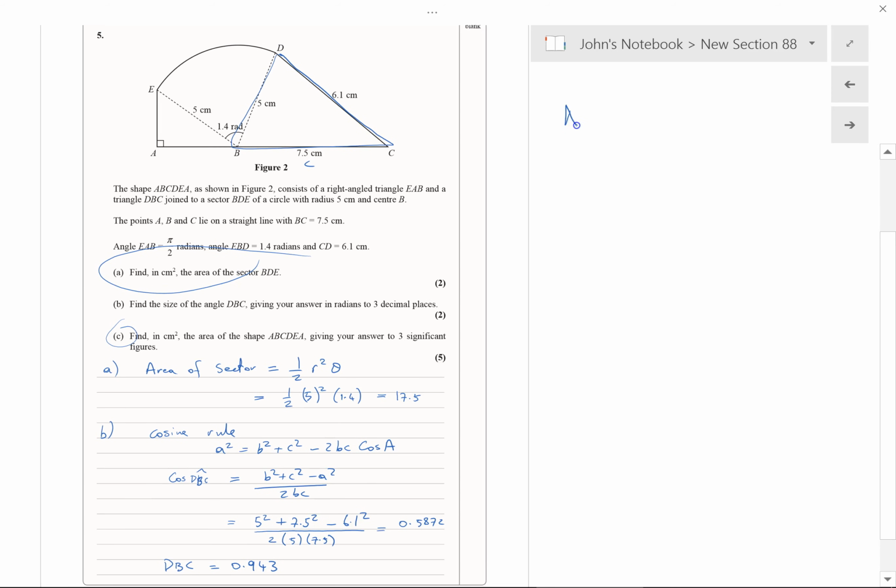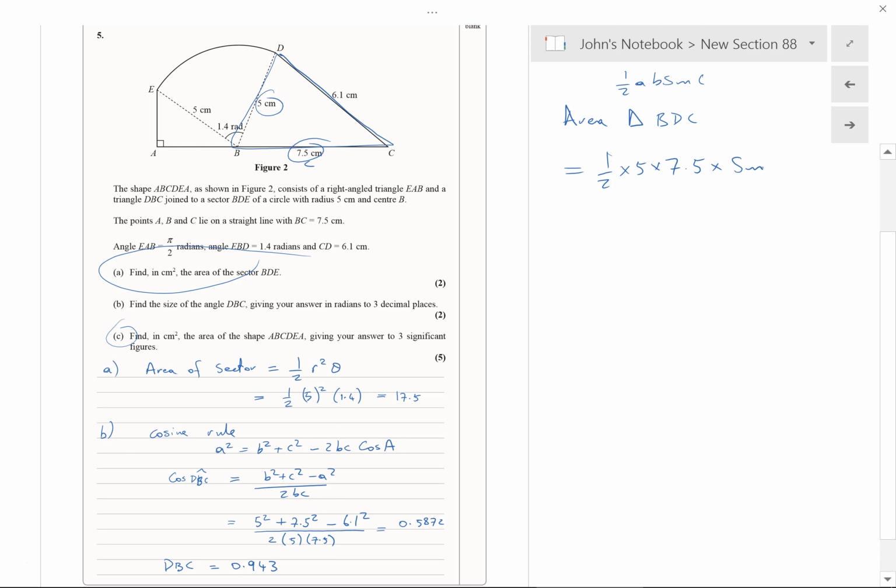The area of triangle BDC: there is a formula for that as well, which is half ab sine C or half bc sine A. You basically need the two adjacent sides, so it's half times 5 times 7.5 times the sine of the angle.